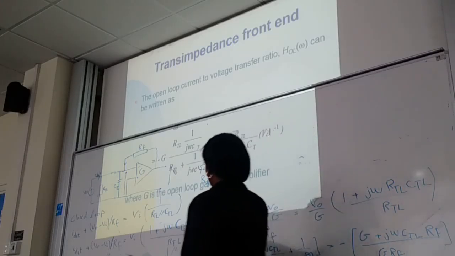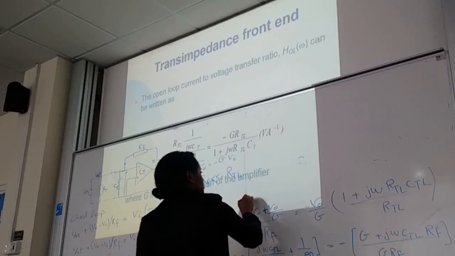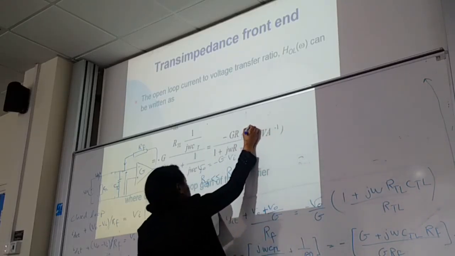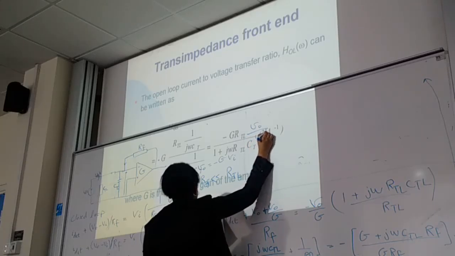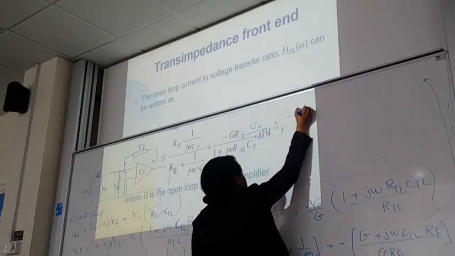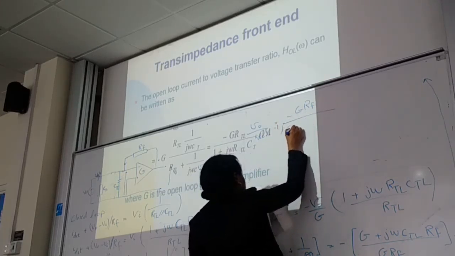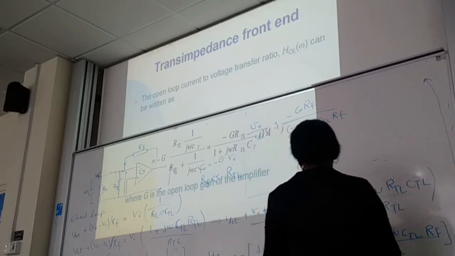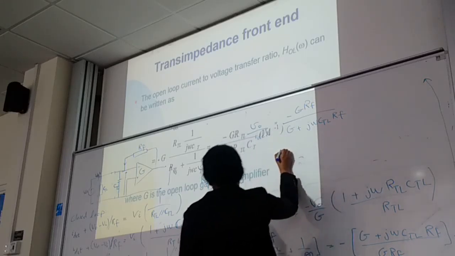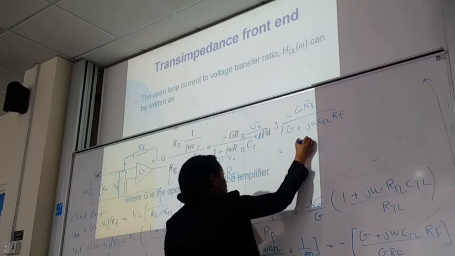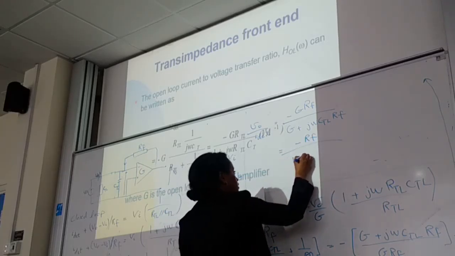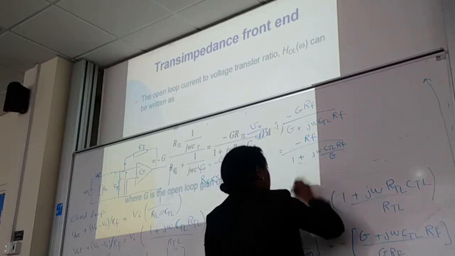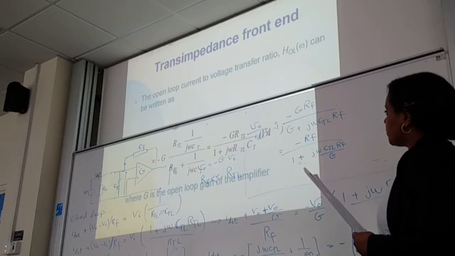But what we really want is VO over I DT. So from here to here, this is the closed loop transfer function.